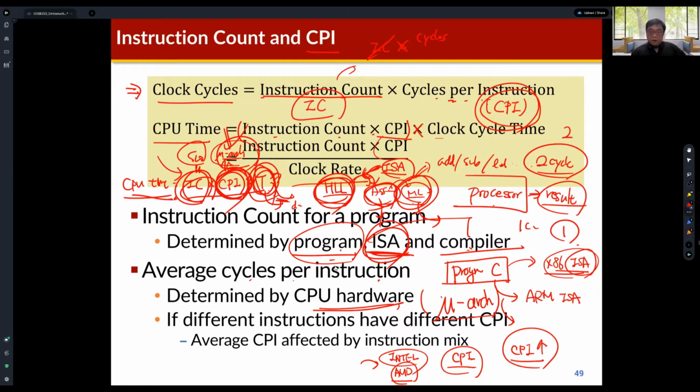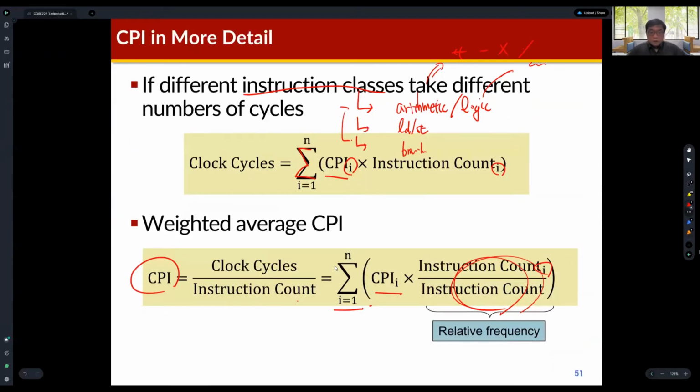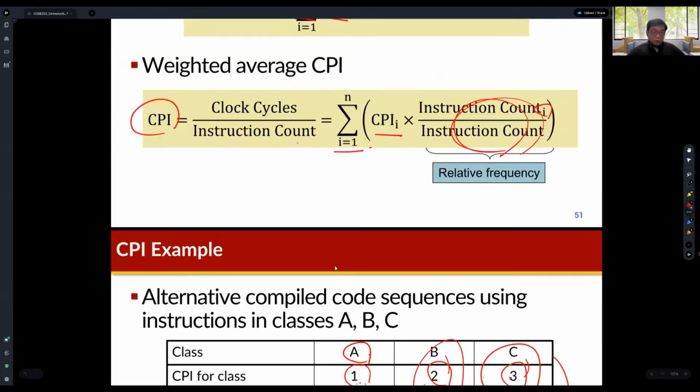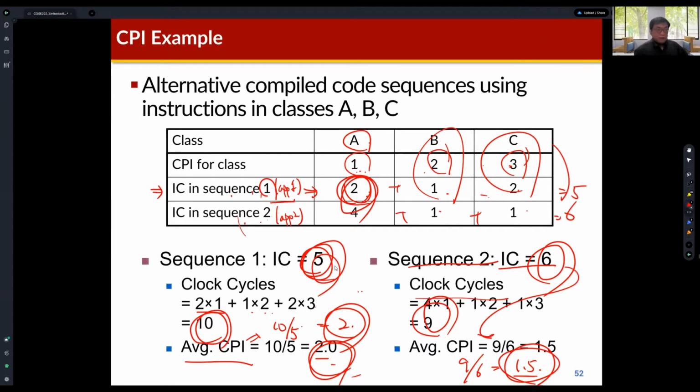And how about the CPI? CPI is also influenced by software and architecture. I will cover the CPI in more detail: how can we calculate the CPI from provided information such as this slide.